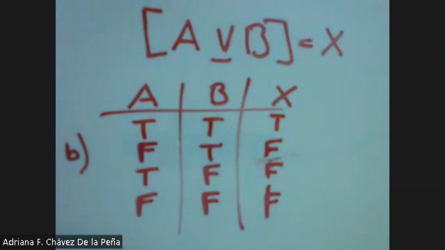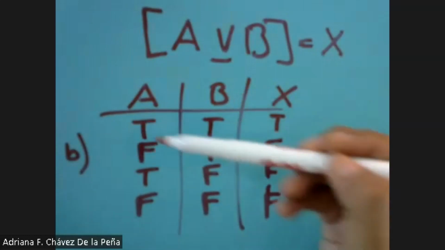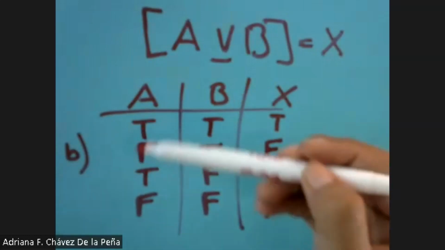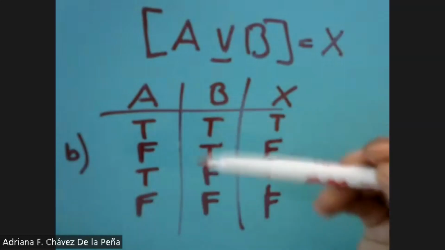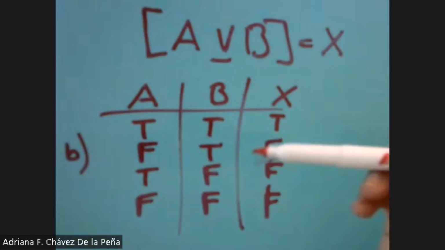So the second truth table that we have to judge looks a little bit like this. Again, from the get-go, we might be able to detect that this truth table was not constructed the way that we were taught in class. In class, we were taught that the first atomic proposition should have half of the values being true and false, and then divide those halves into halves to assign the truth values of the next atomic proposition.